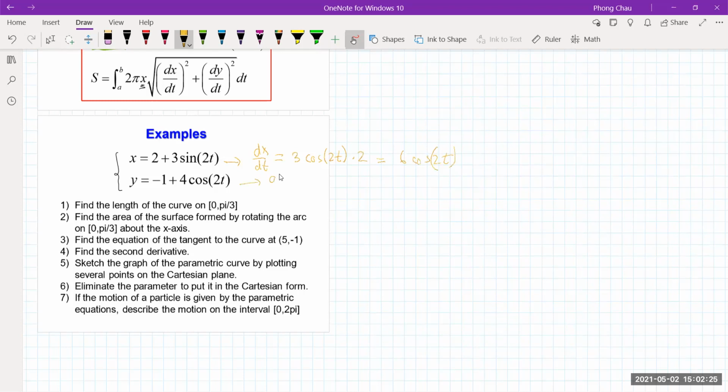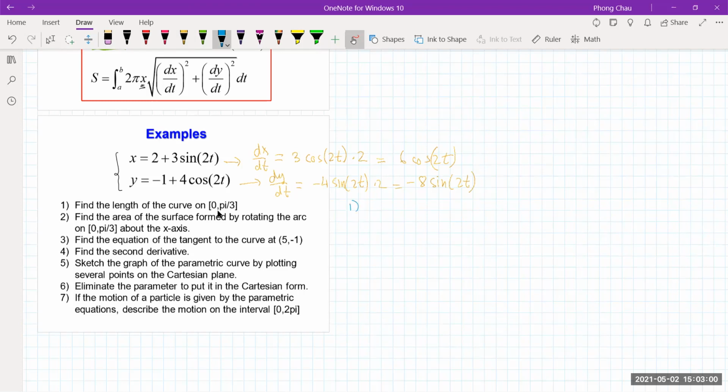And for dy/dt, we have negative 4 times sine of 2t, again by the chain rule times 2. So that would be negative 8 sine of 2t. Okay, so you got that part done. All the answers that we do will be using this information.